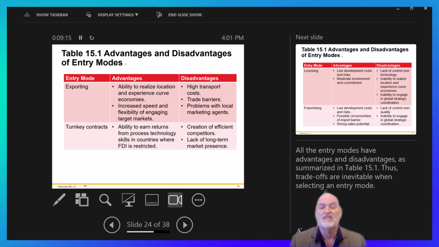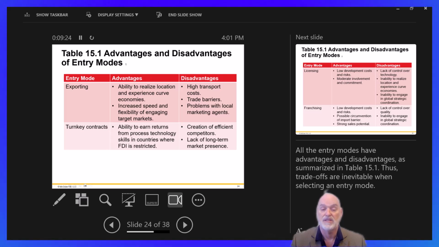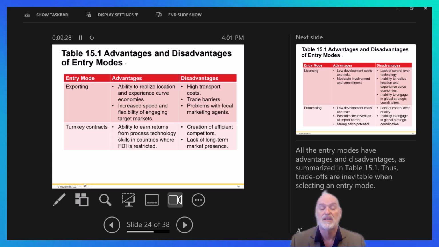The advantages and disadvantages of entry modes. Exporting. Advantages: ability to realize location and experience curve economies, and increased speed and flexibility of engaging target markets. In turnkey contracts, the advantage is the ability to earn returns from process technology skills in countries where FDI is restricted. Exporting disadvantages: high transport costs, trade barriers, and problems with local marketing agents.